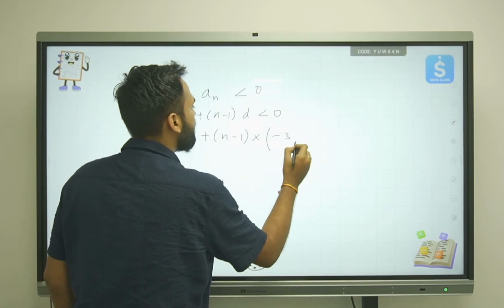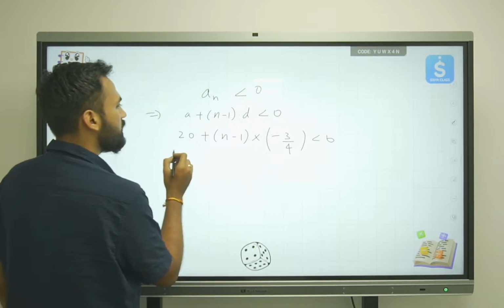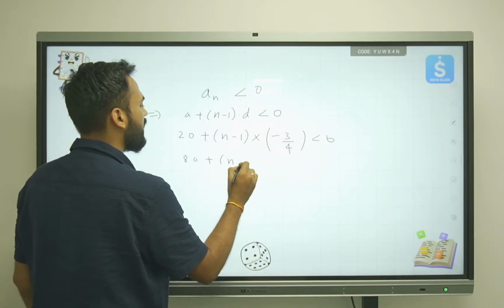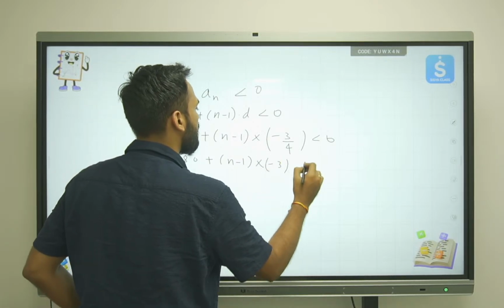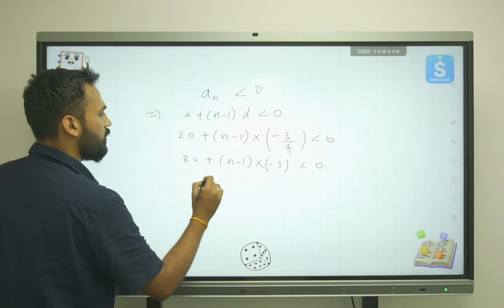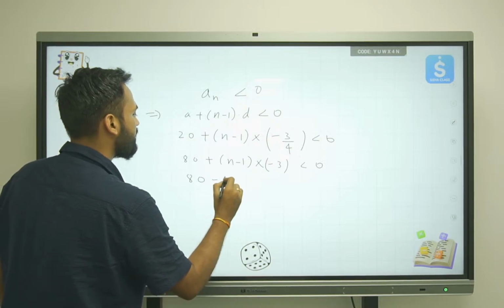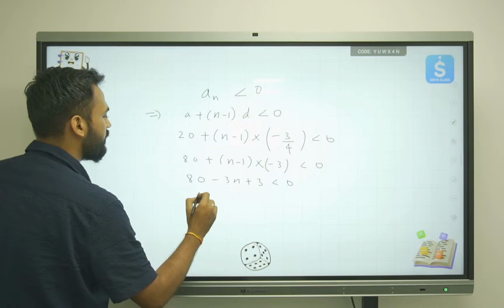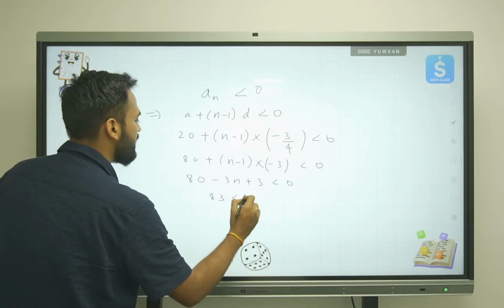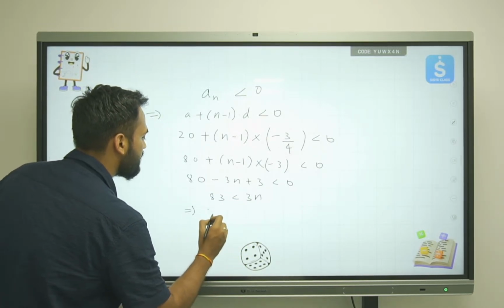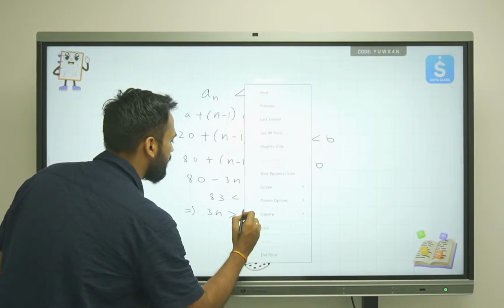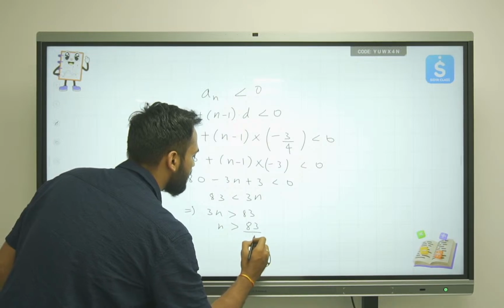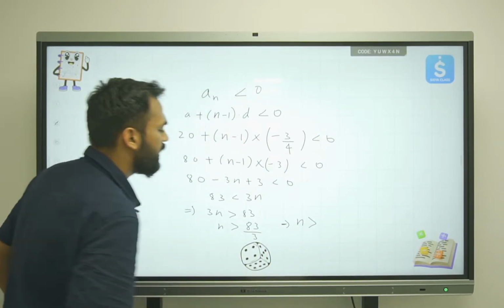If I multiply completely by 4, this will be 80 plus (n minus 1) multiplied by minus 3 less than 0. 80 minus 3n plus 3 less than 0. 3n will go on that side, I will be left with 80 plus 3. 83 is less than 3n, or 3n is greater than 83. So n is greater than 83 divided by 3.